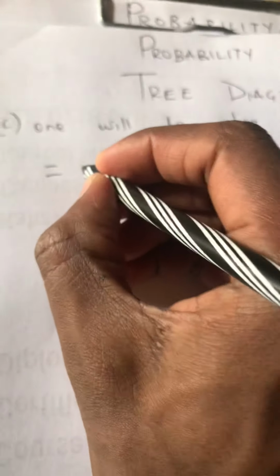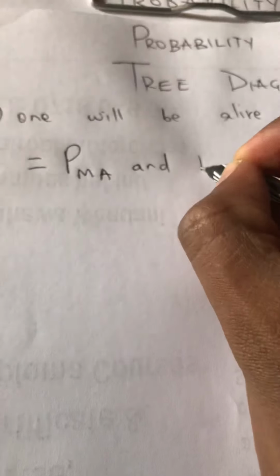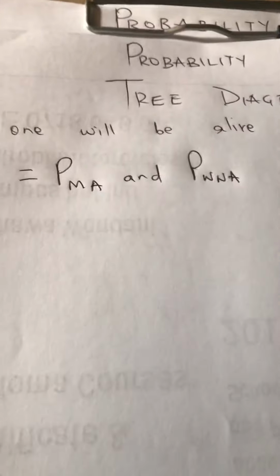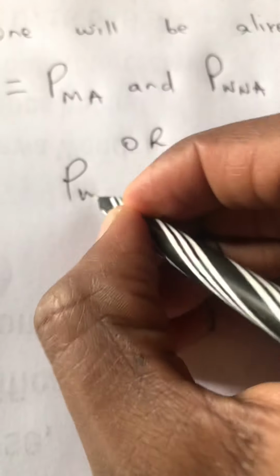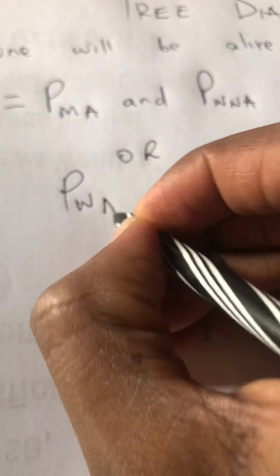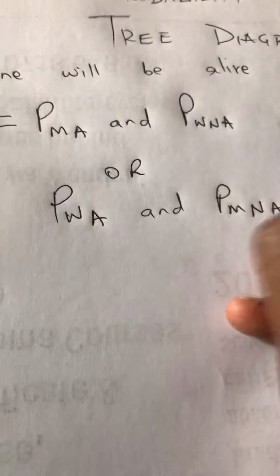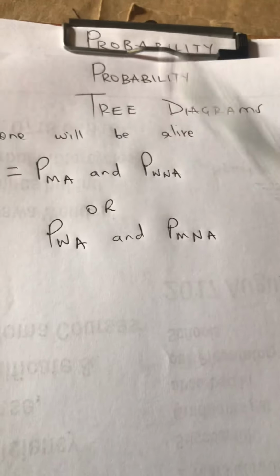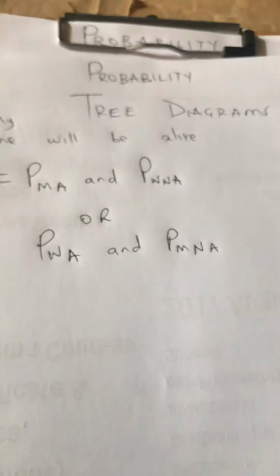So this will be the probability man alive and probability woman not alive, or probability wife alive and probability man not alive. What is the reason for this? Only one will be alive.